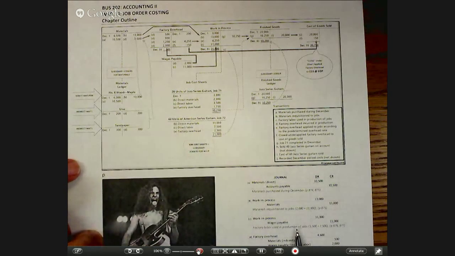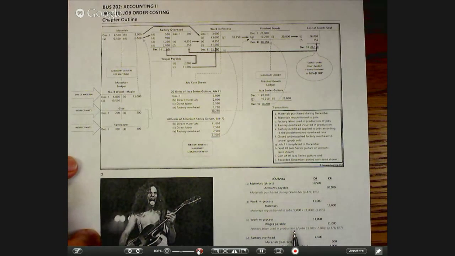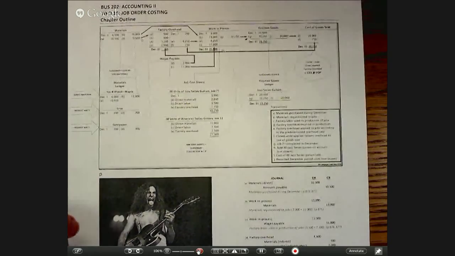Third item is that individuals will work on the guitars, and in this particular case, on page 876, the company, using its job cost sheets, has accumulated $11,000 worth of labor.